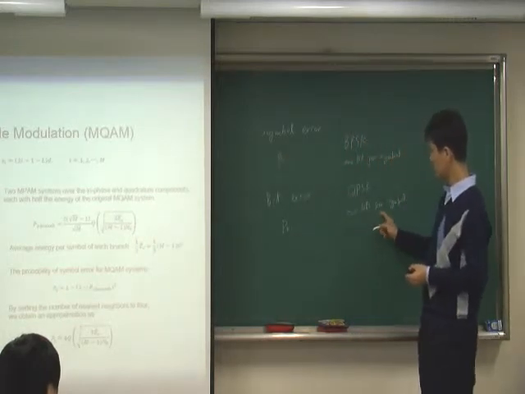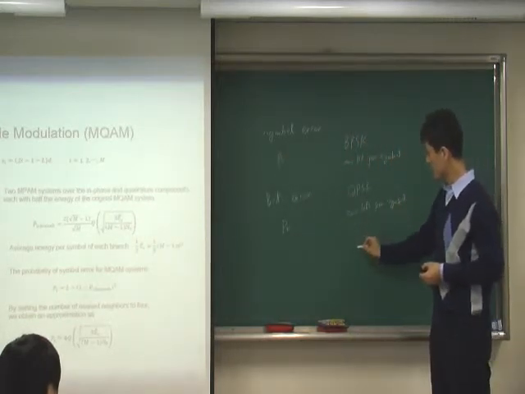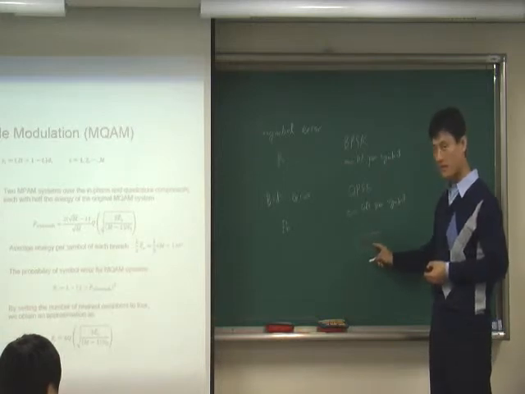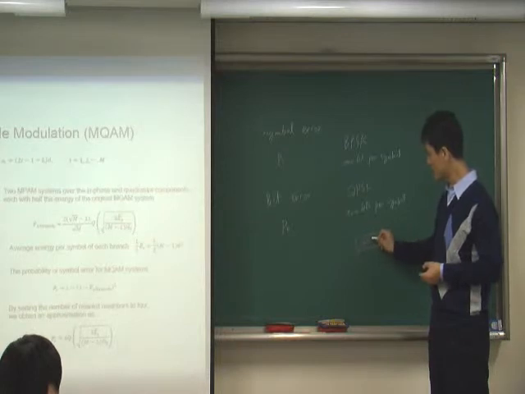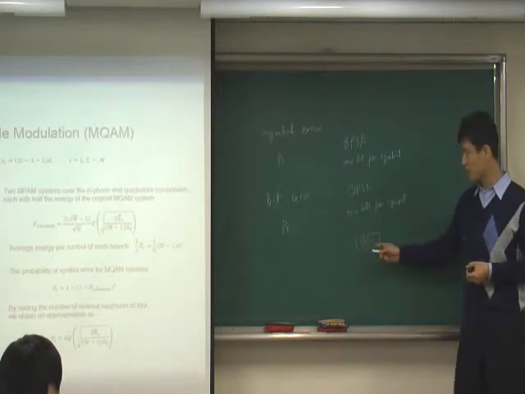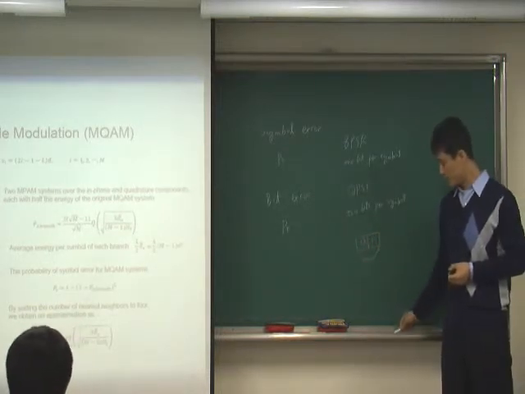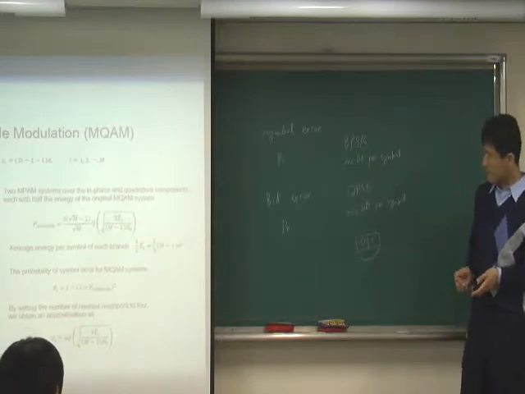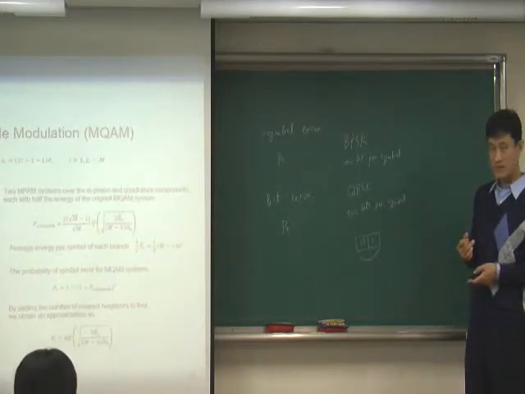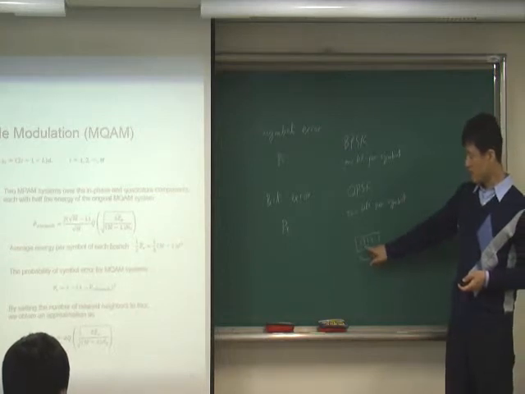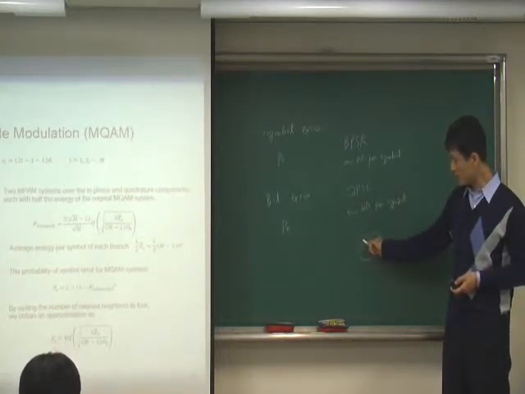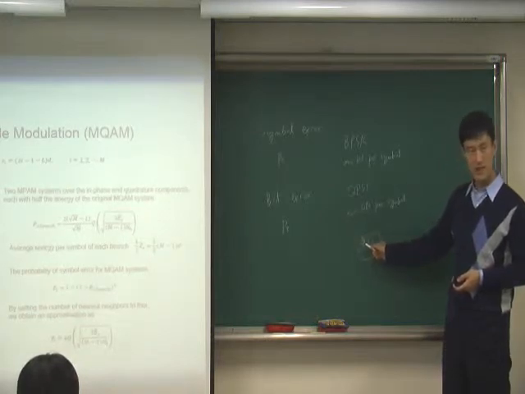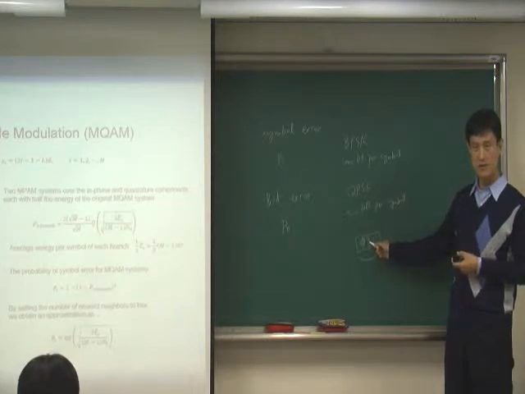So let's say, since we are thinking about 2 bits per symbol, this is 1 symbol, and this one has 2 bits. Let's say these are my bits. These 2 bits are 1 symbol. In that case, what is the symbol error rate? If this bit is changed to something else, like this one now becomes 1, then it is a symbol error, right?